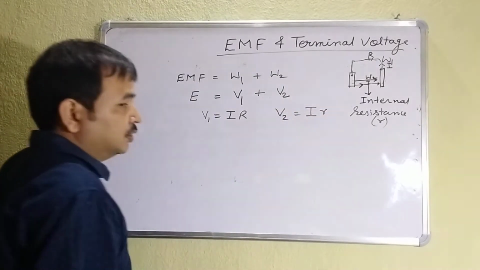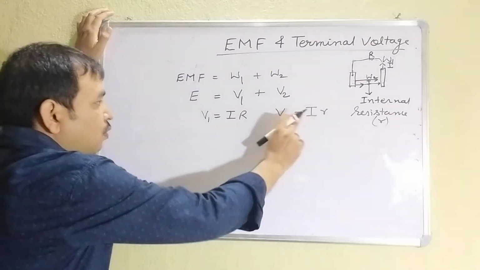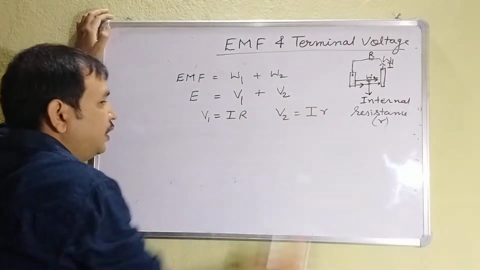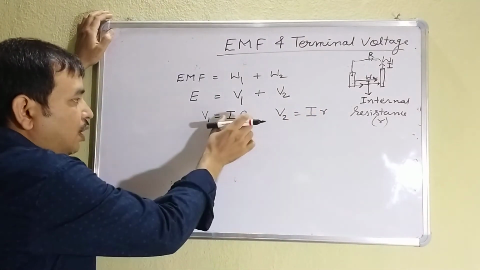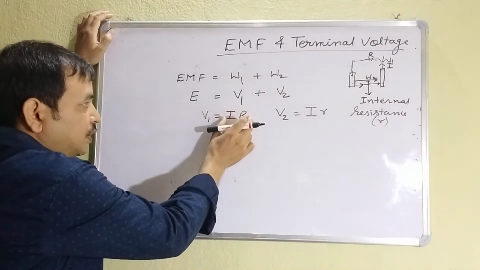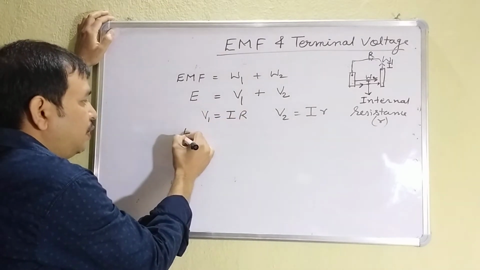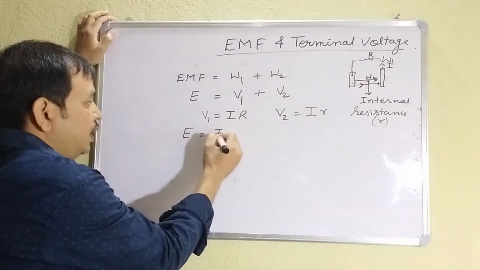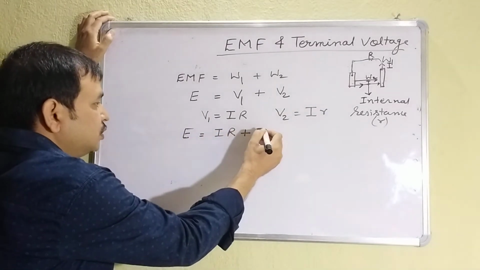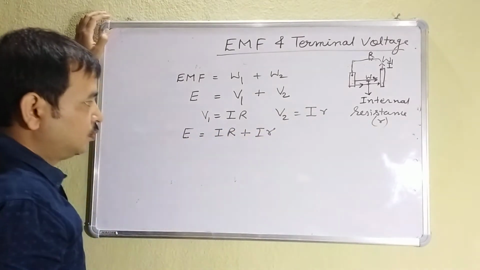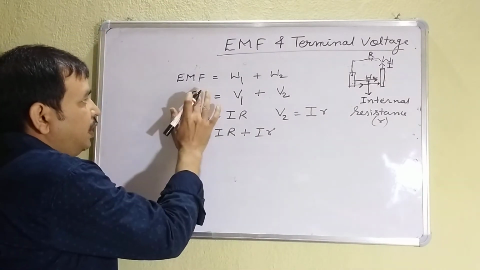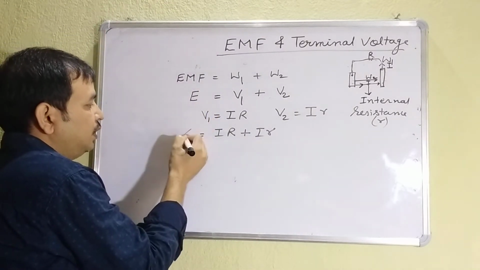This is internal resistance. So by Ohm's law, potential difference is equal to I into r inside the cell. Outside the cell, across the resistor, this is the potential difference. So what is EMF? IR plus Ir.